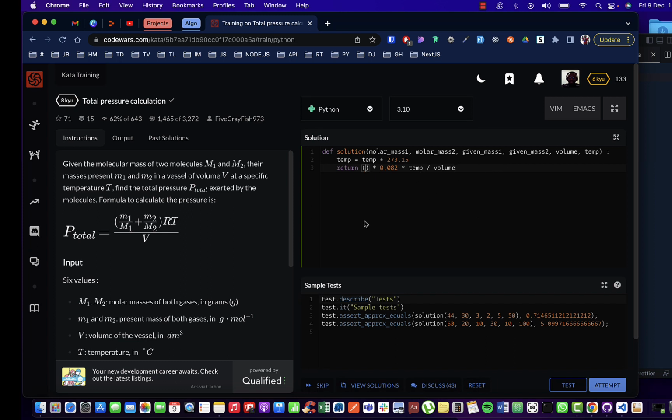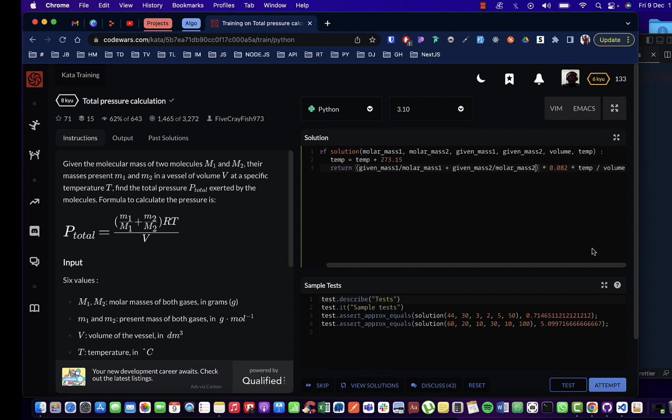Then let's put in the values. So given mass 1, divided by molar mass 1, plus given mass 2, divided by molar mass 2.